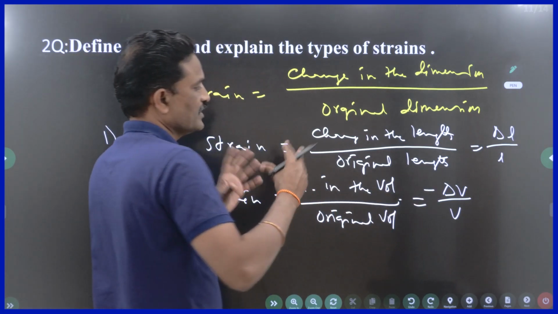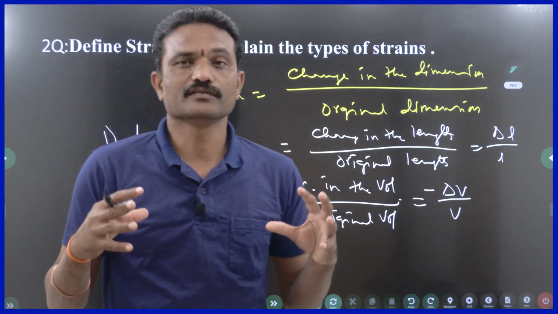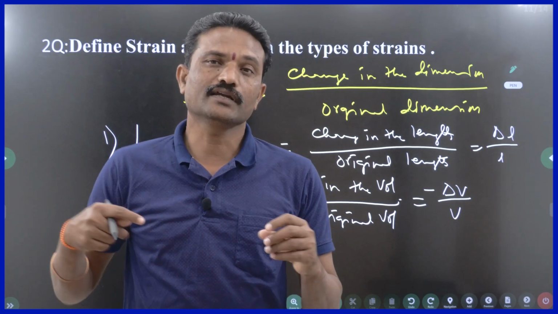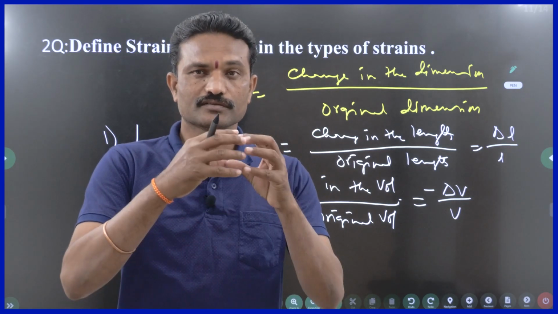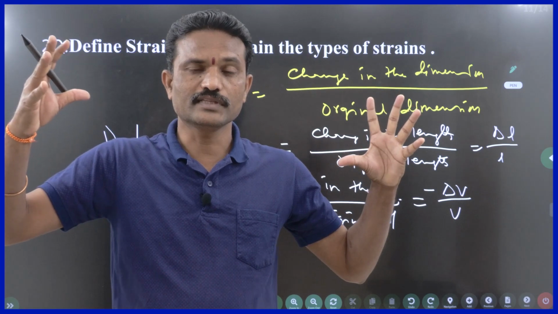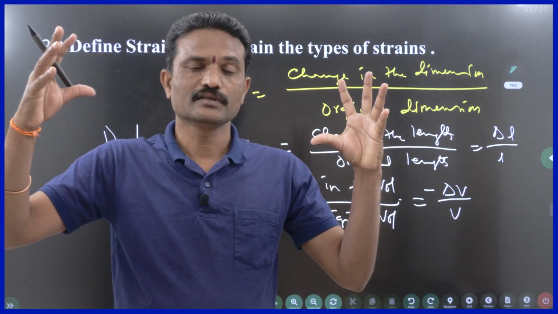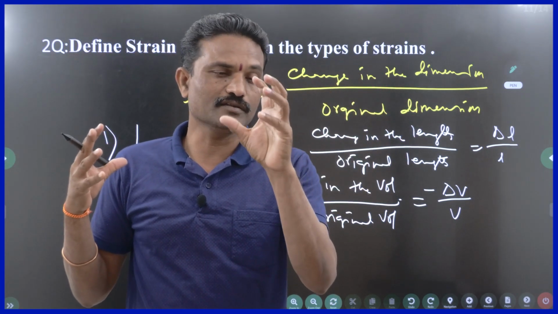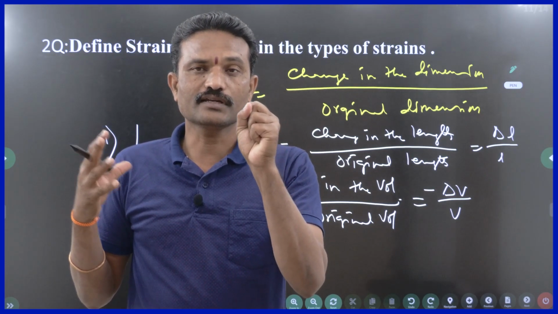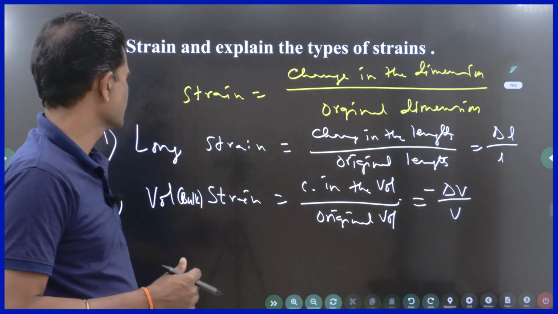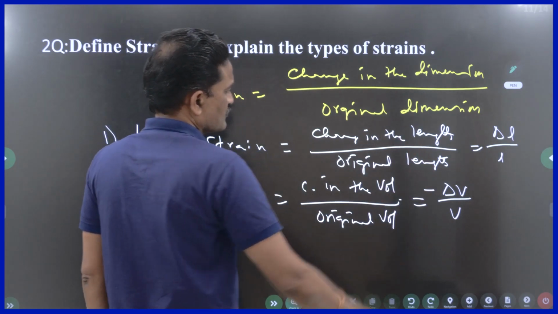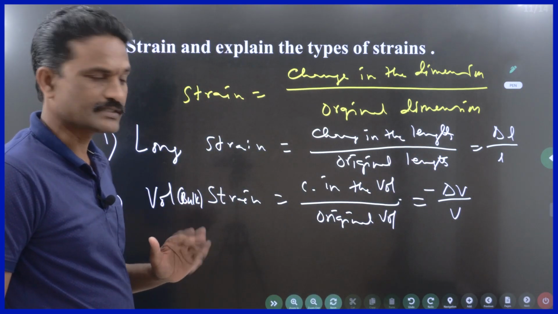If the volume is being increased, how do you increase the volume? You take a football and you are pumping some air into it. So its size increases. In that case, delta V is positive. If you have a ball in your hand and you are trying to squeeze it, in that case, its volume is decreasing. So no need to worry about negative and all. You will be given marks, that's all.